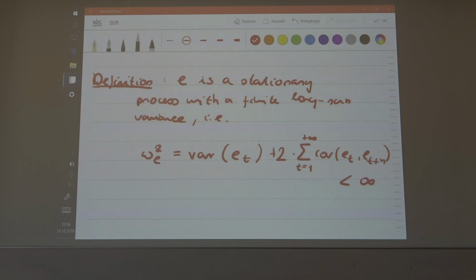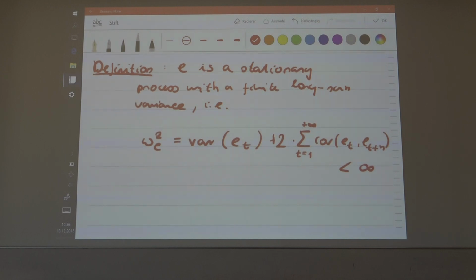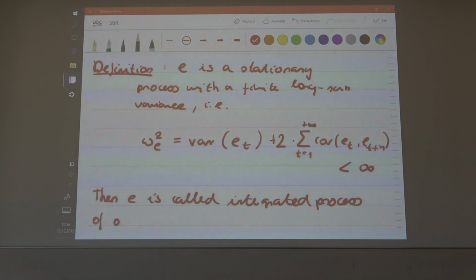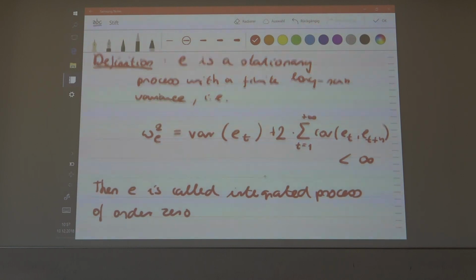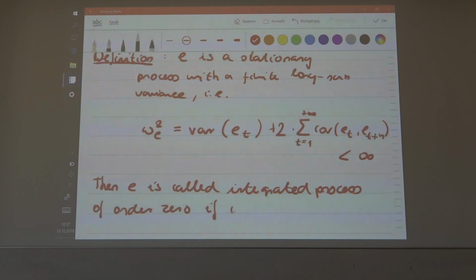Now, if the long-run variance is finite and the process is stationary, then this thing is called an integrated process of order 0. What you also need to have is that the long-run variance is greater than 0.